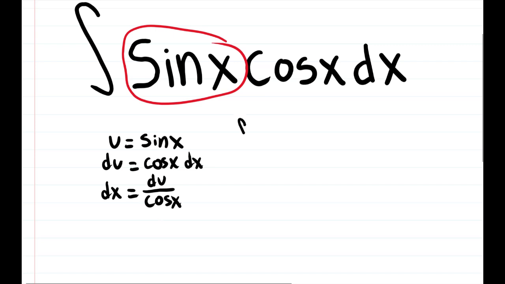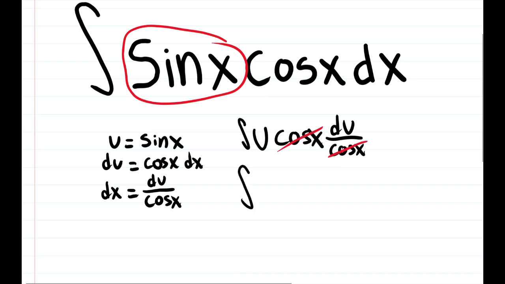So now let's write our integral. The integral of u cosine of x du over cosine of x. Now we can cross out and cancel the cosine of x's, leaving us with a pretty simple integral of u du.